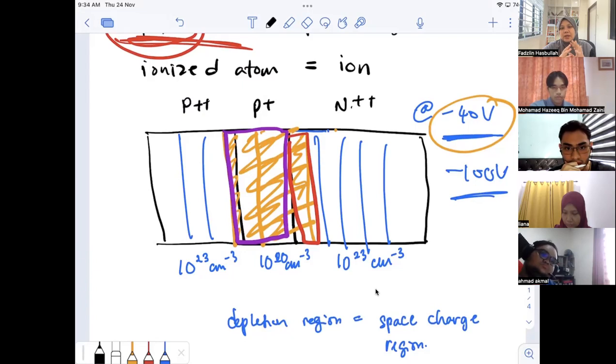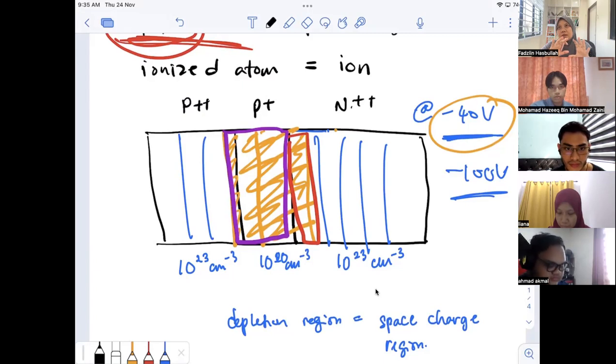So katalah minus 40, the electric field will be equal on both sides, dan depletion region different. So electric field is just voltage over distance, right? So the voltage will need to be distributed in the two sides, the P and N.